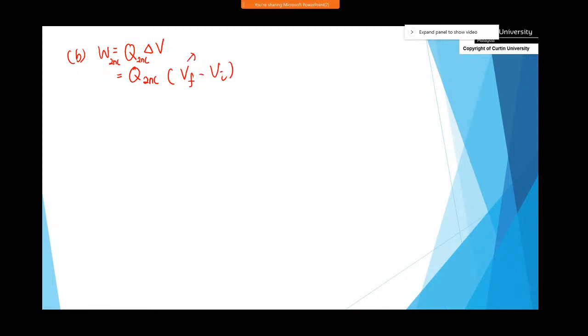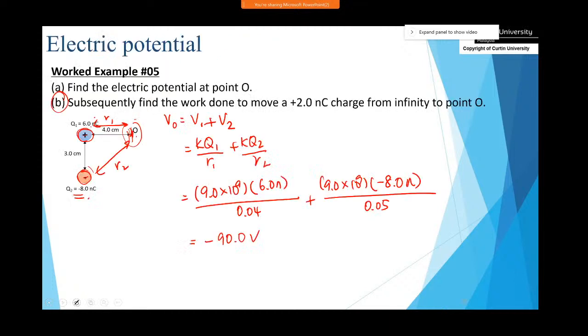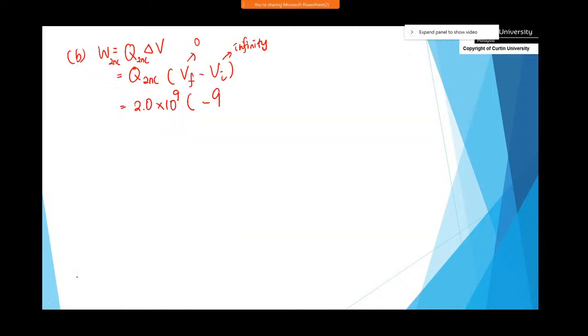That final position is at point O, initial position is infinity. So 2 nanocoulomb, 2 times 10 to the power of negative 9. The final potential at point O, negative 90. Potential is a scalar, so just plug in the sign together with the value, minus the potential at infinity, which will be 0.